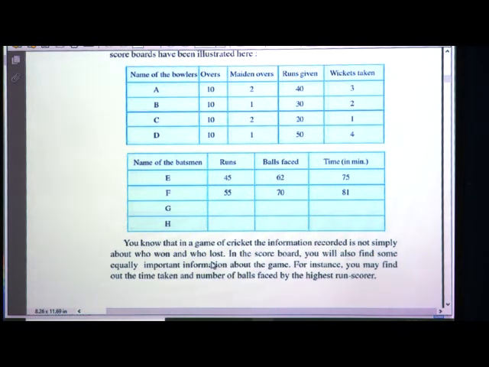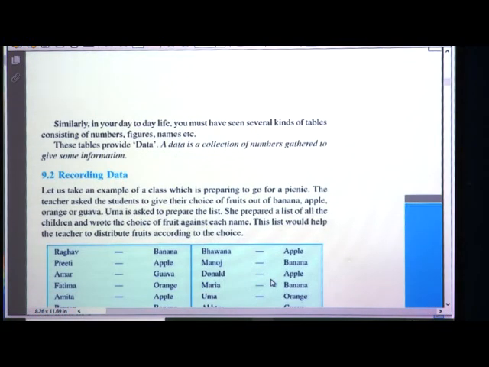In the scoreboard, you will also find some equally important information about the game. For instance, you may find out the time taken and the number of balls faced by the highest run scorer. By that only we can further know about the man of the match. Yes, so a scoreboard is very important.